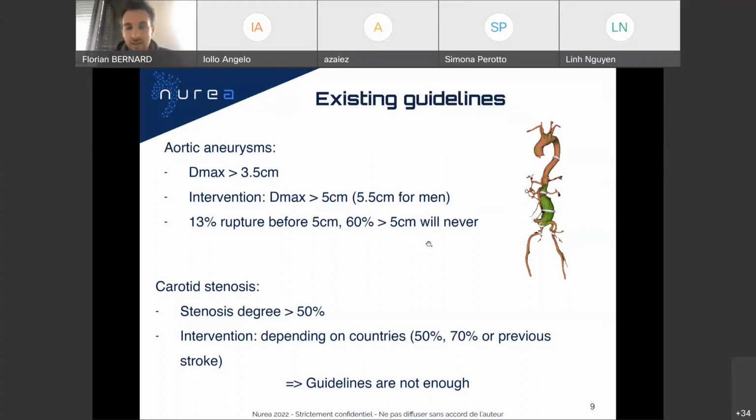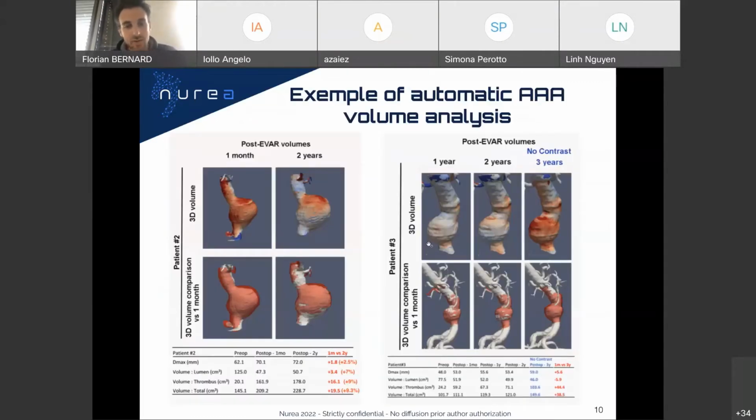Obviously, the insertion of the catheter will cause some detachment of plaques, and that can cause strokes. So everything needs to be thought again, and I think that's where biomechanical indicators can play a role.